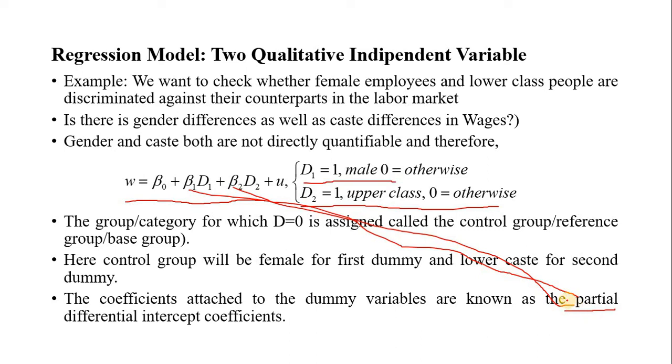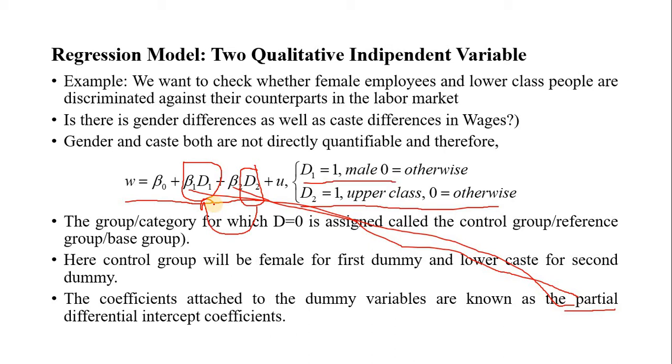Because when I interpret beta 1, I am assuming that the effect of the second dummy is constant. And when I interpret the second dummy, I assume that the first dummy is constant.